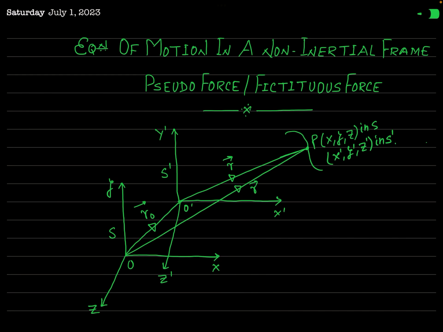I have considered here two frames of reference. The first one is S. It is a stationary inertial frame. Mark this: S is an inertial frame. And this S prime which you are looking at in this figure is a non-inertial frame.